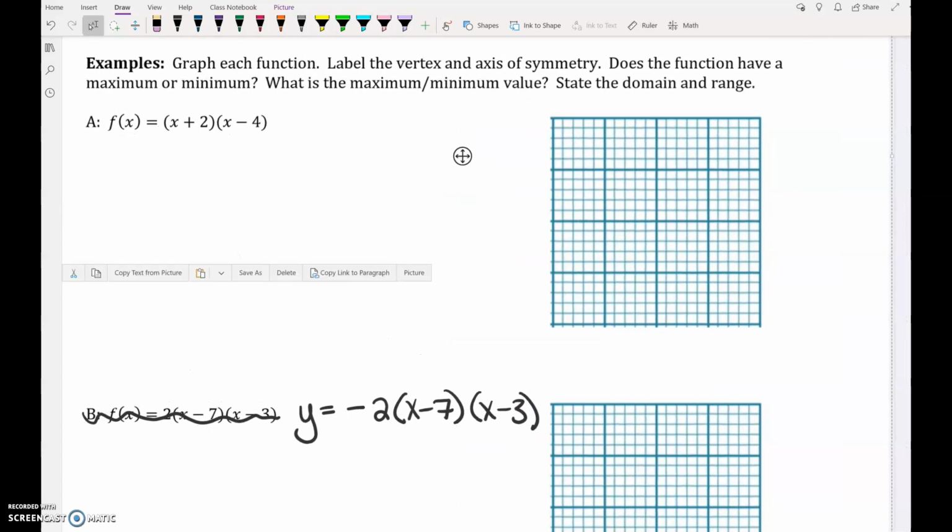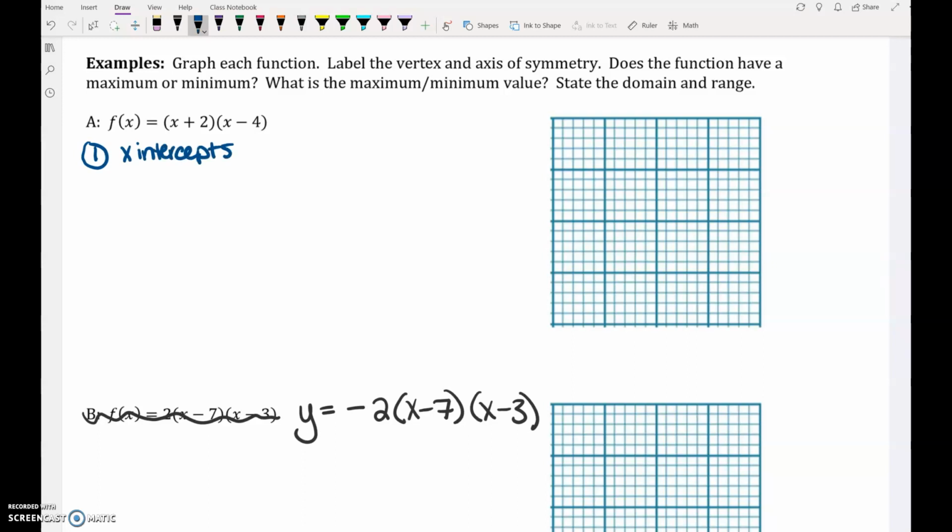Okay. So when we're given an equation in intercept form, our first step is going to be to use what we know from the formula. With vertex form, we started with the vertex because that's what it told us. With standard form, we started with A, B, and C and figured out the axis of symmetry and then went from there. With intercept form, we start with the x-intercepts.